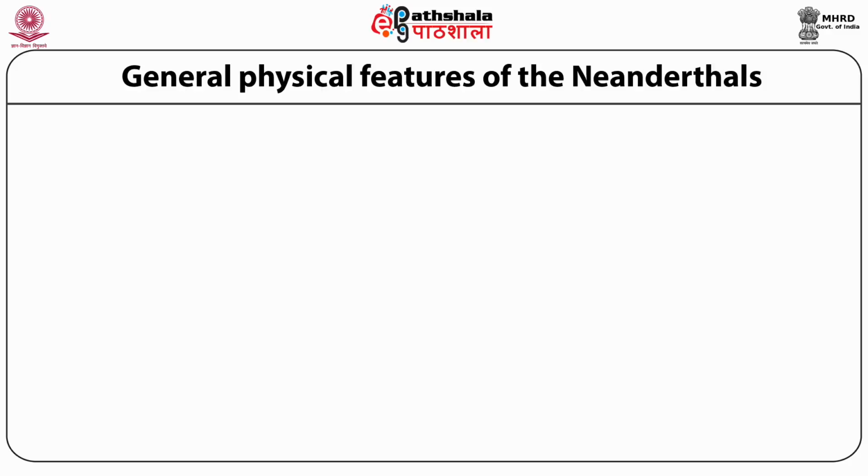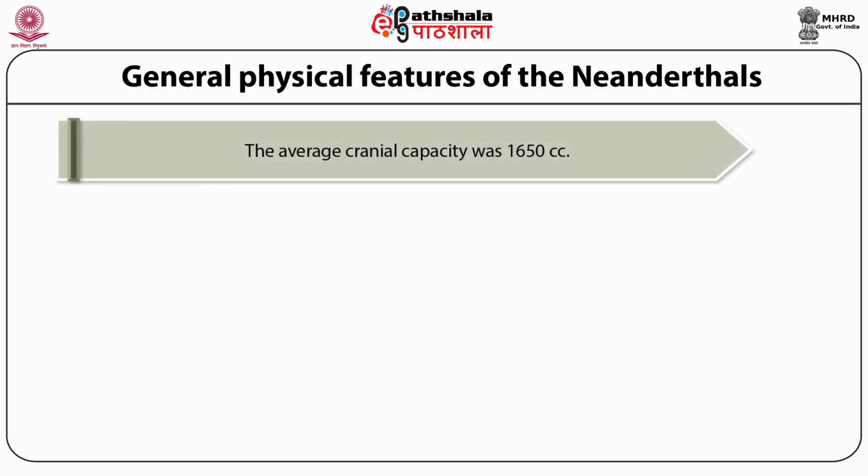Average length and breadth of the skull were 208 mm and 156 mm respectively. The average cranial capacity was 1650 cc. The posterior part of the skull was comparatively broader than the anterior part, for which it looked like a barrel from back.